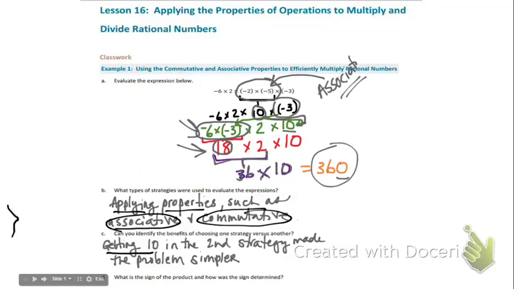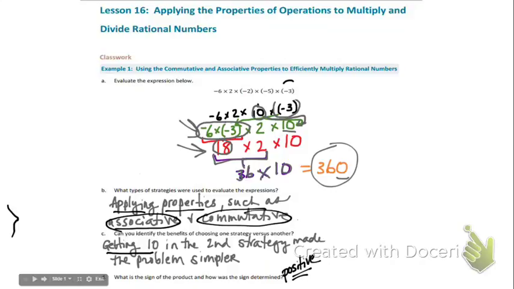I do enjoy when I have two negatives to get a positive number, as many positives as I can, and that goes along with question D, which asks, what is the sign of the product? We know it was positive, and how is that determined? A way that you can tell is if you look at the expression right from the beginning, you can notice something about the number of negative values and positives you have.